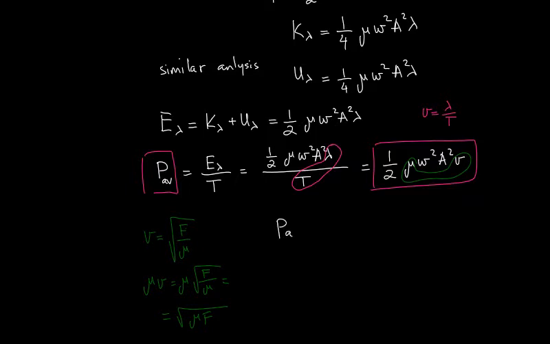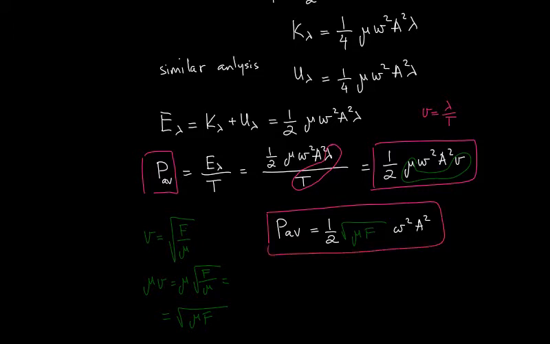The average power will be equal to 1/2 square root of mu F omega squared a squared. So here's another expression for the average power. You want to take it into account.